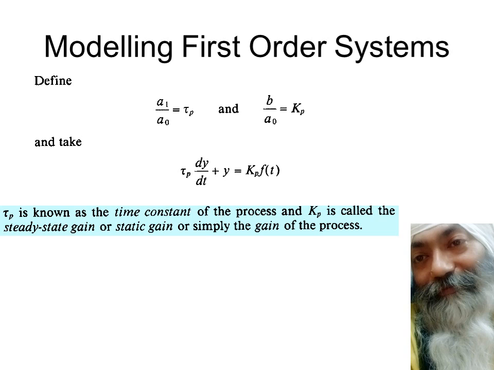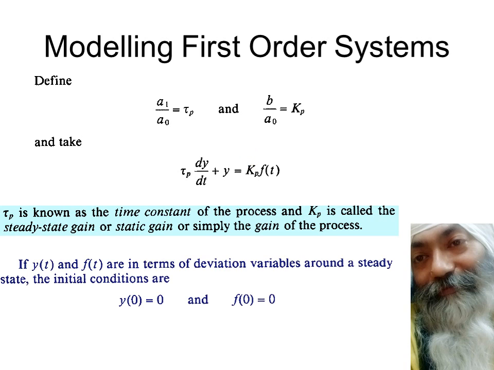Any time you come across an equation which has dy by dt, the first order linear term, and then y, and then the forcing function, you take two constants. The first constant along with the dy by dt is taken as the time constant, and the one which is taken along with the forcing function is called gain, or static gain, or steady state gain, as you may feel like calling it comfortably.